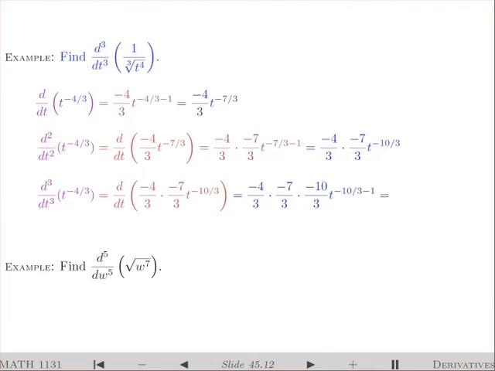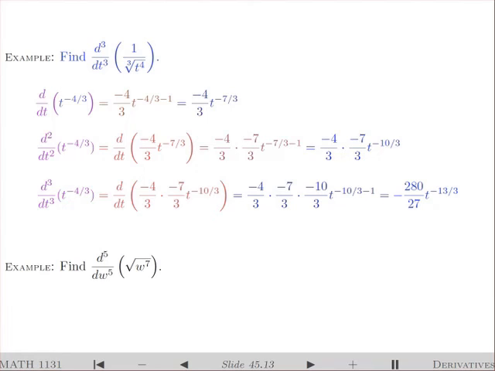These came from the exponents in successive derivatives starting with the original function, which means I have negative 4 thirds, and then negative 4 thirds minus 1, and then negative 4 thirds minus 1 minus 1. So at each step you subtract 1. And then the exponent in the last step is 1 less than the last factor. Of course, now I can do the multiplications, do the arithmetic in the exponent, and write down the final answer.